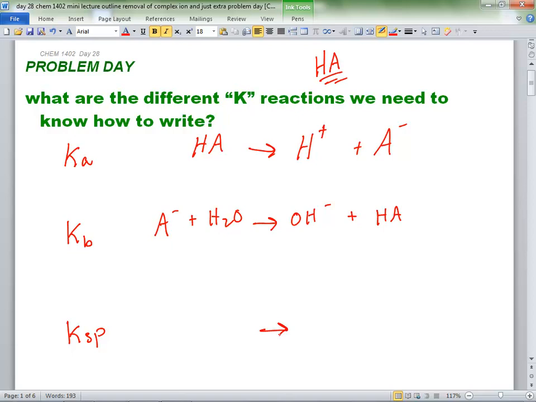It has the solid, right? Now it doesn't have anything to do with acid, base, pH, that kind of stuff. It's just the solid going to its ions. So you have the solid over here, and its ions over there. Okay. And you had to know how to write every single one of these, otherwise, you can't even start the question.